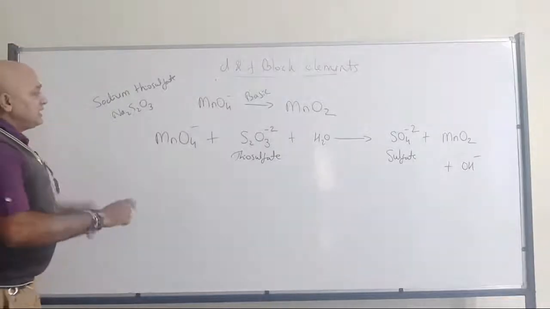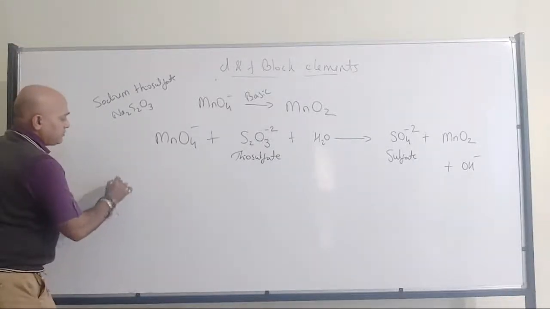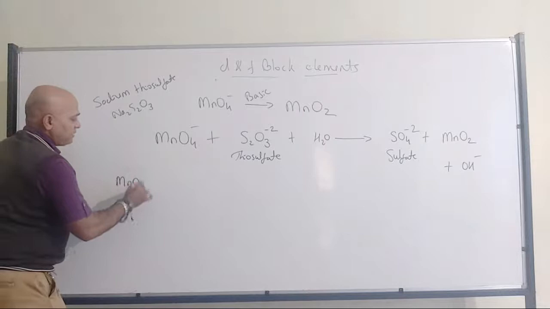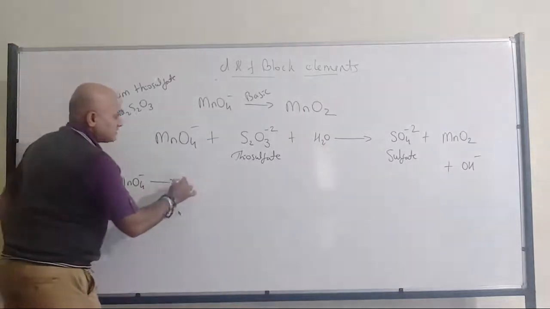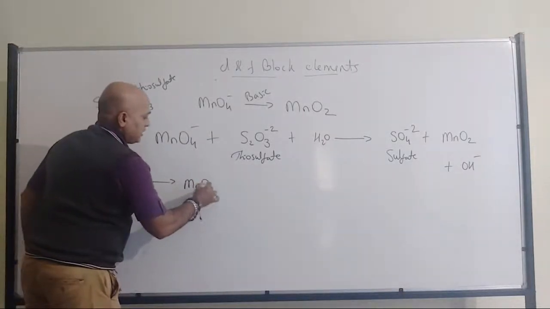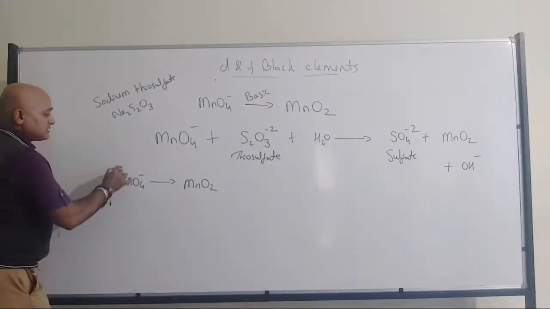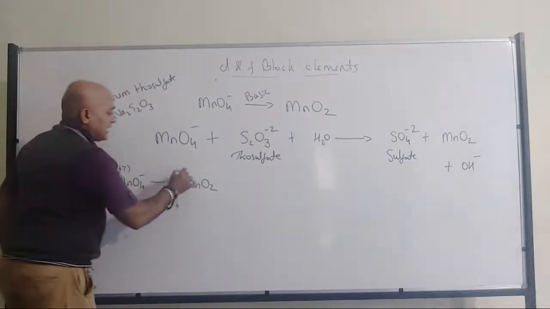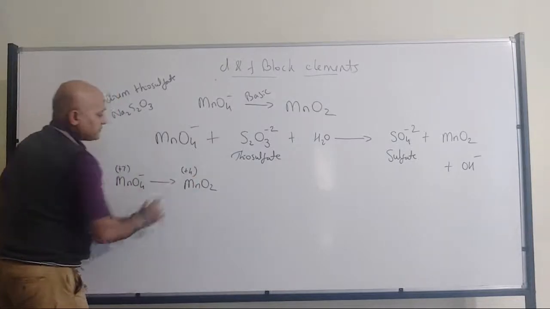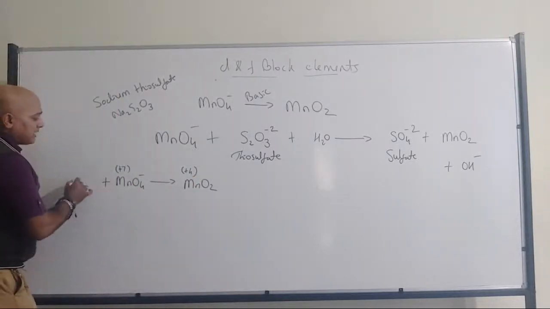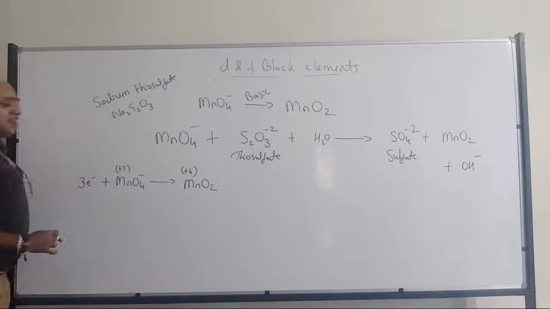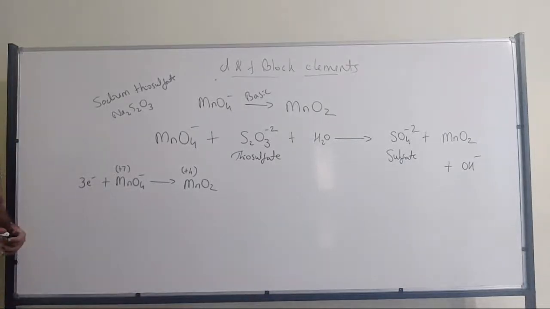Fine. Now, when we come to balancing the equation, we have MnO4 minus, which is getting converted into MnO2. Now, plus 7 here and plus 4 over here. That means permanganate should accept 3 electrons. Permanganate should accept 3 electrons.